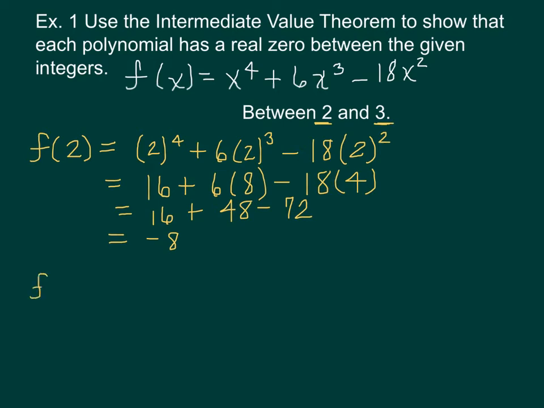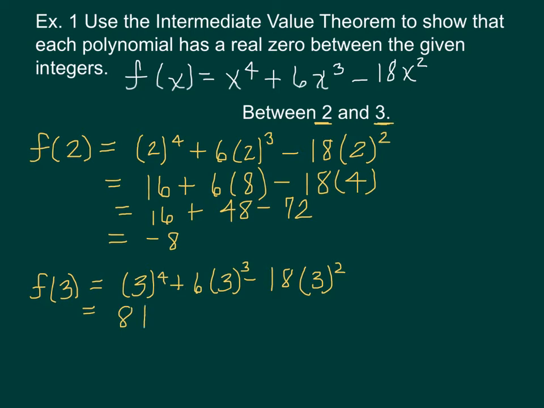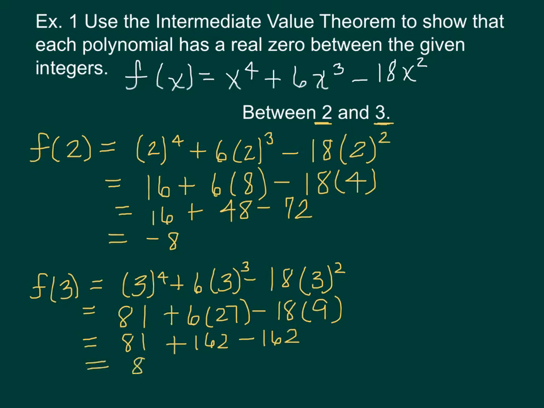Now I'm going to do f of 3. 81 plus 6 times 27 minus 18 times 9. So I get 81 plus 162 minus 162, which would be 81, and that's plus 0.